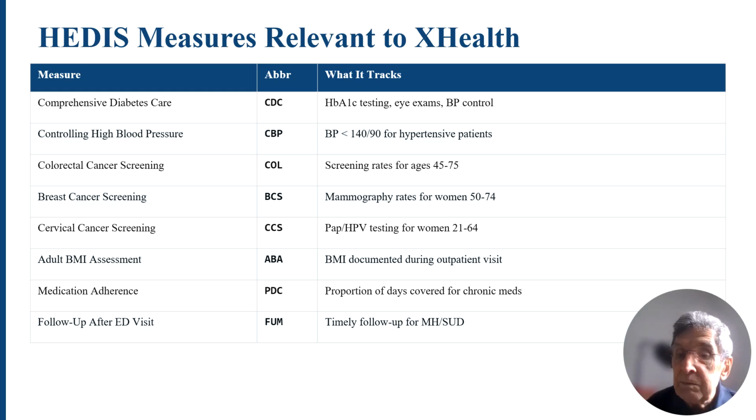Medication adherence, measured by the proportion of days covered, or PDC, tracks whether patients on chronic medications are actually filling their prescriptions. And follow-up after emergency room visits, the FUM, measures whether patients with mental health or substance use disorder diagnosis receive timely follow-up after an ER visit. Each of these can be calculated, at least in simplified form, using the SQL patterns we are about to practice.